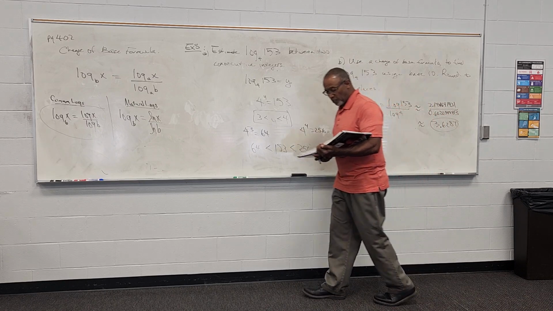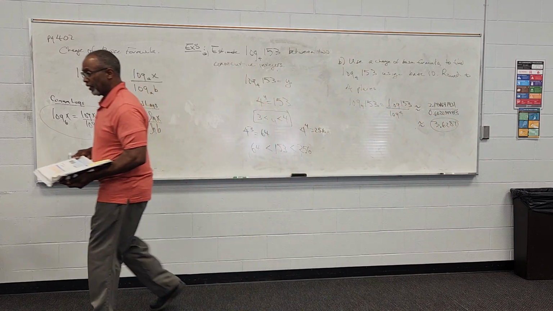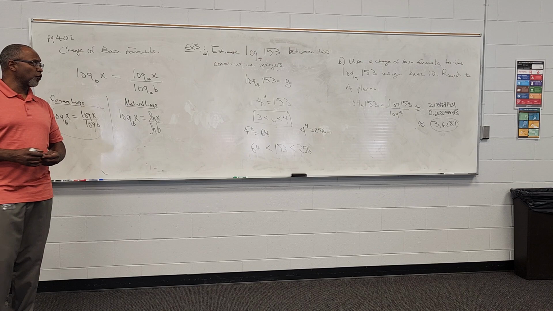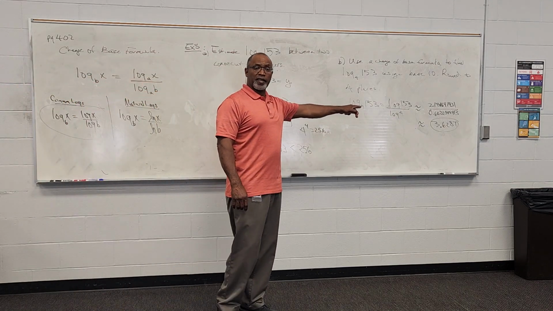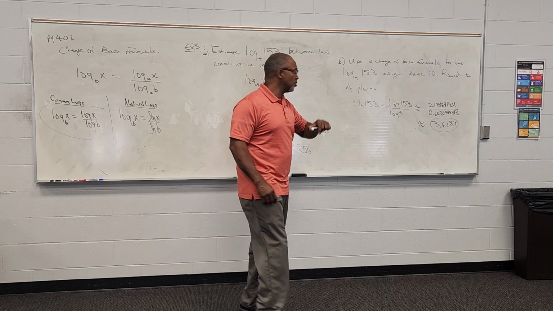So we use the change of base property, and we converted log base 4 into base 10, and then we could plug that into our calculator and get the decimal approximation.